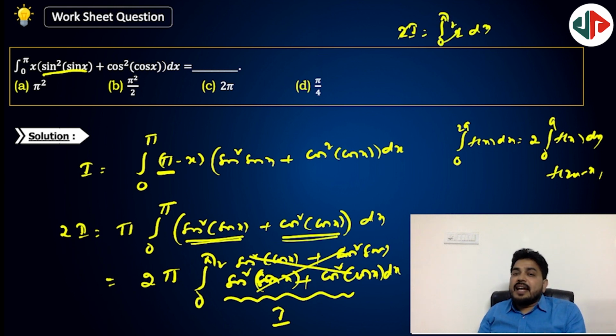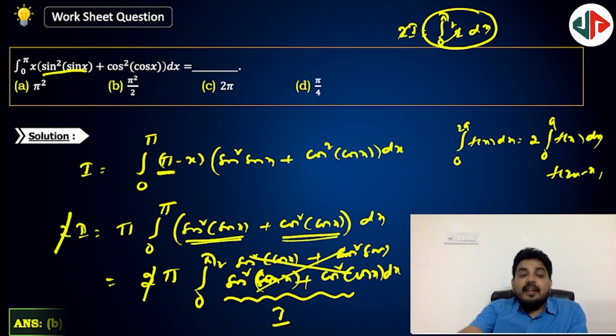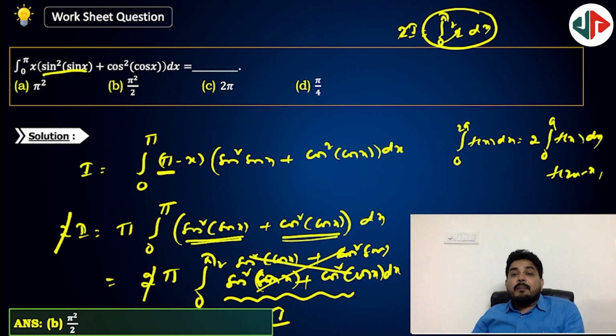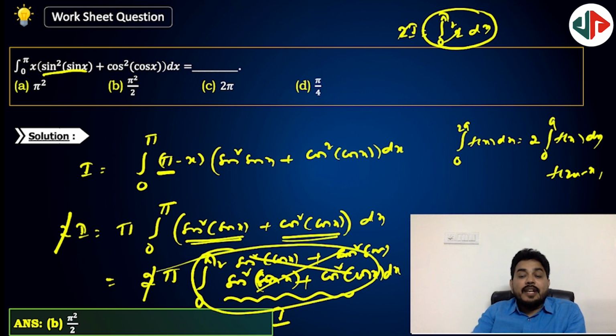So from here I is equal to pi by 2 will come. So 2 pi into pi by 2, pi square, but this 2 is cancelled. With that one you are going to get pi square by 2 as the correct answer, because I is equal to pi by 2.